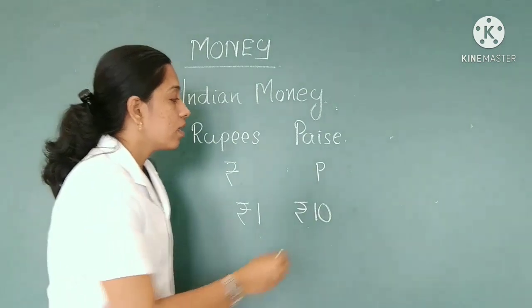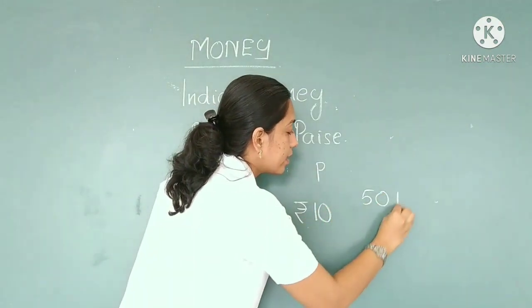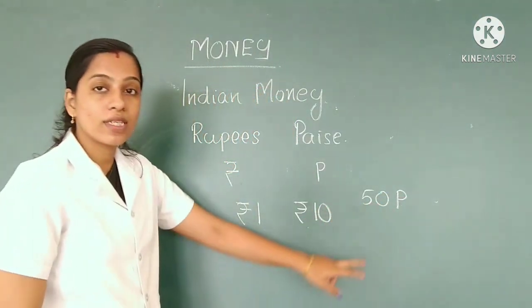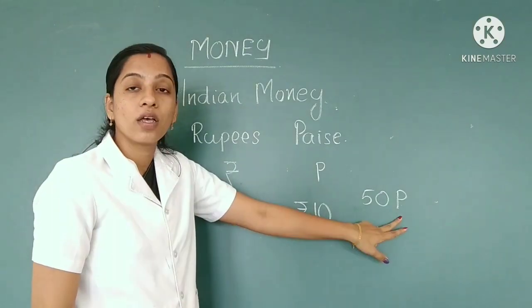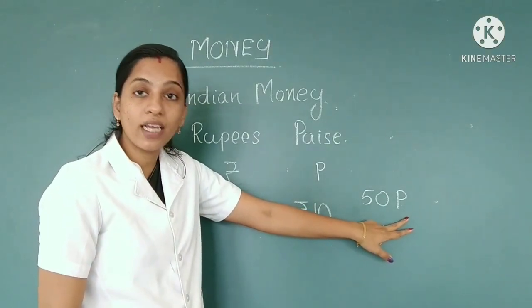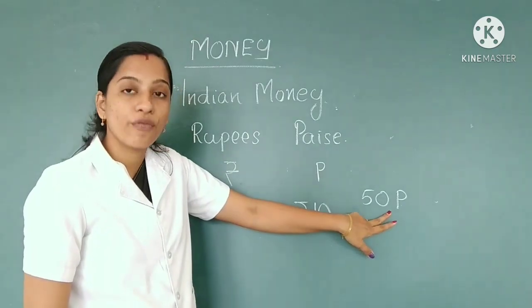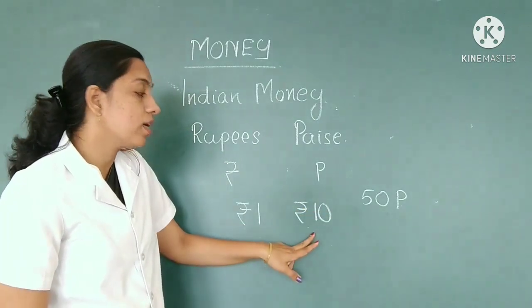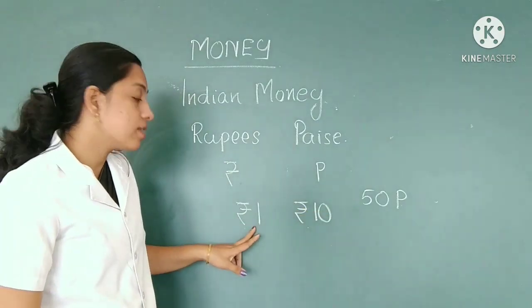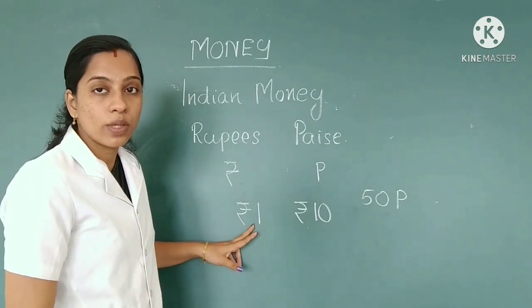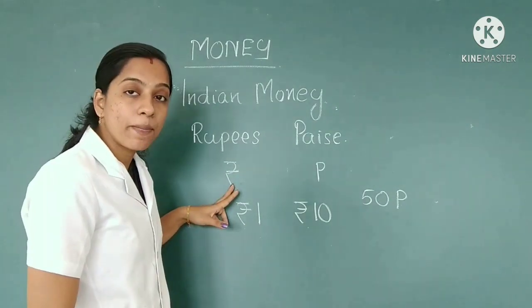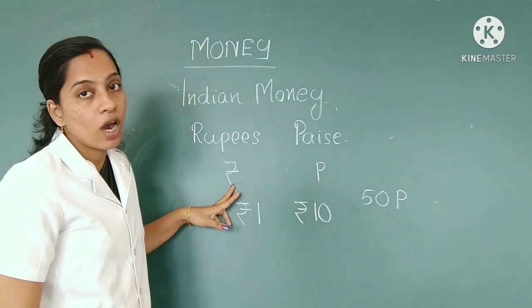Right children? Then, how do you read this? 50p. What is the meaning of 50p? Yes, we know p is used for denoting paise. So we can read this 50 paise and this one rupees 10 and this rupee 1. Okay, this is the symbol used for denoting rupees.